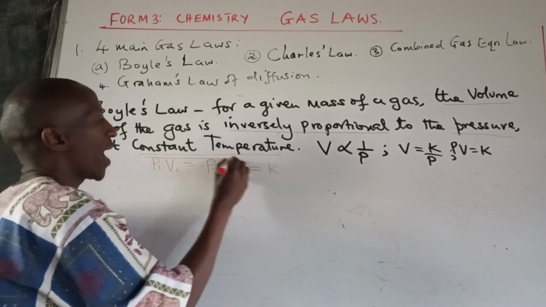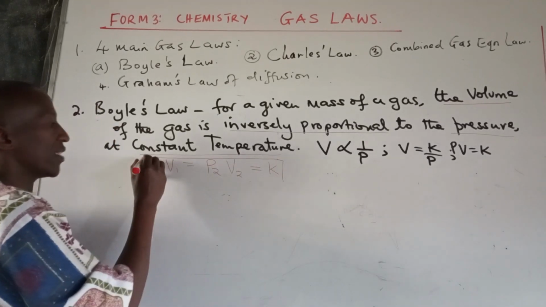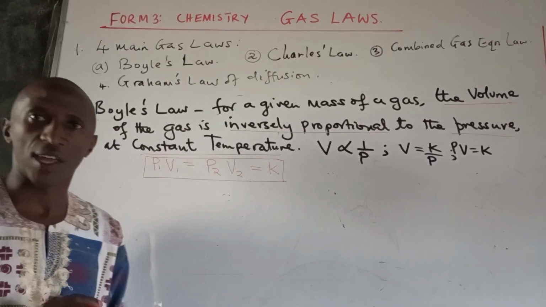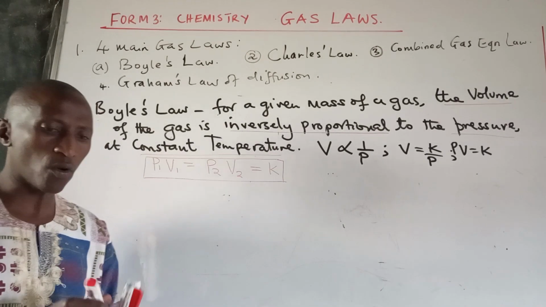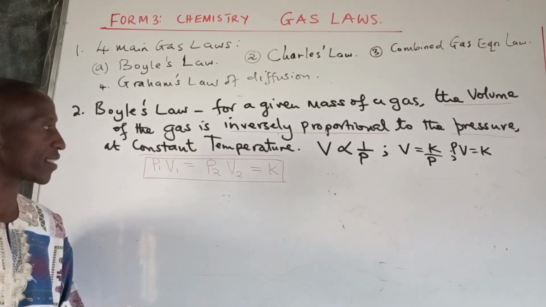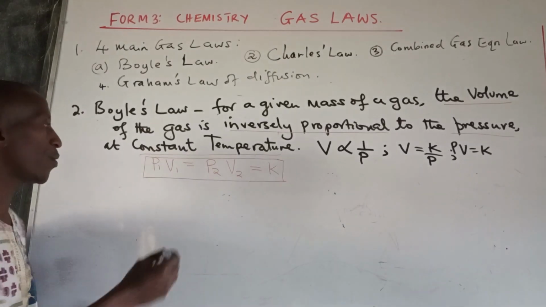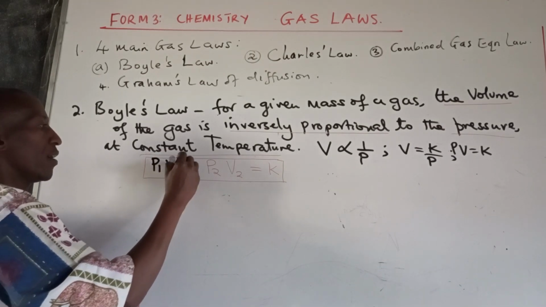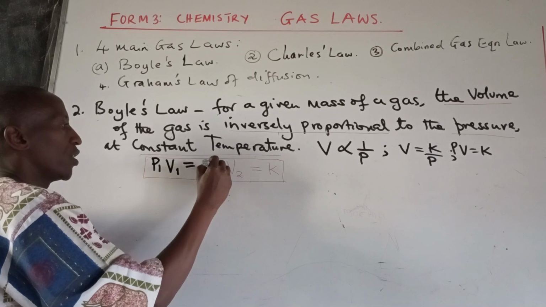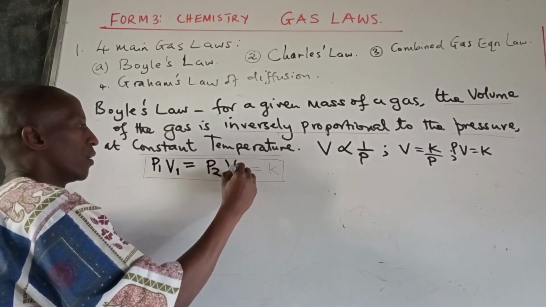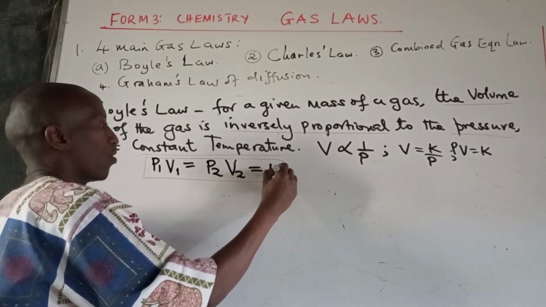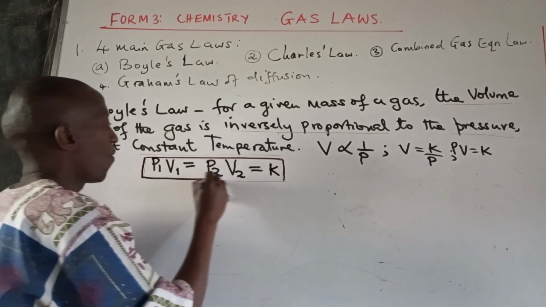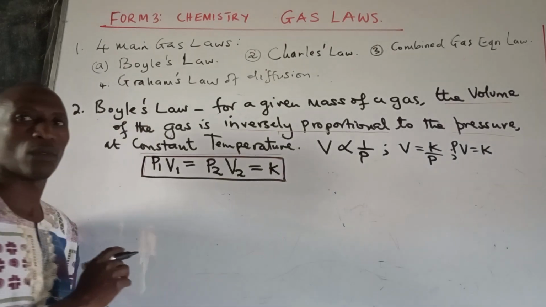That way, we are able to generalize and summarize Boyle's law. So to make sure this is quite visible, allow me to write in black. P1 V1 is equal to P2 V2, and that is equal to a constant. This is the summary of Boyle's law.